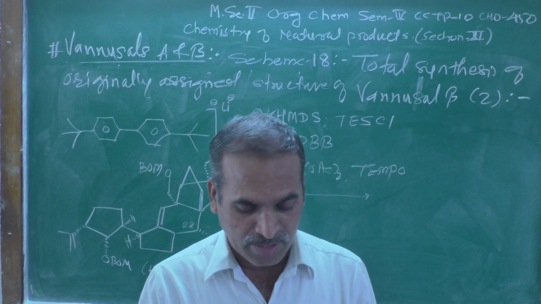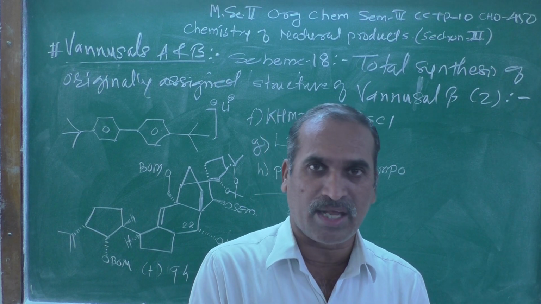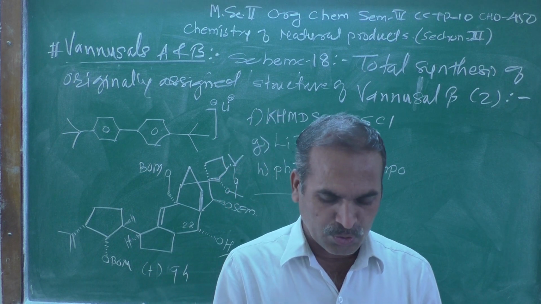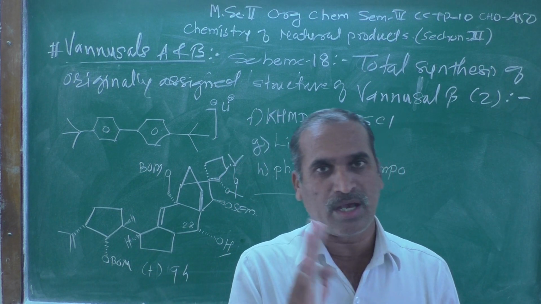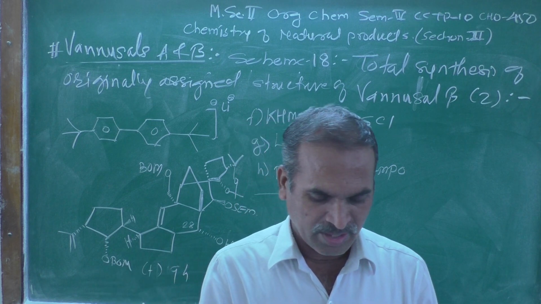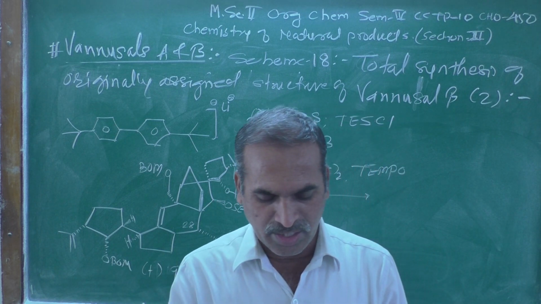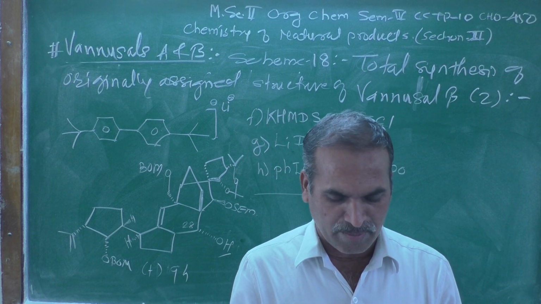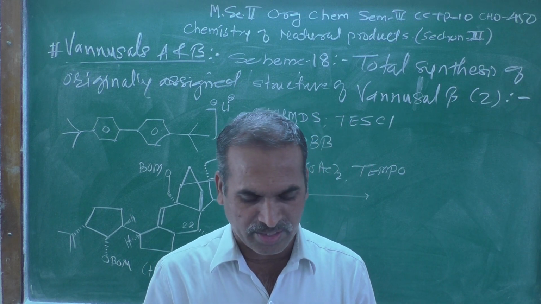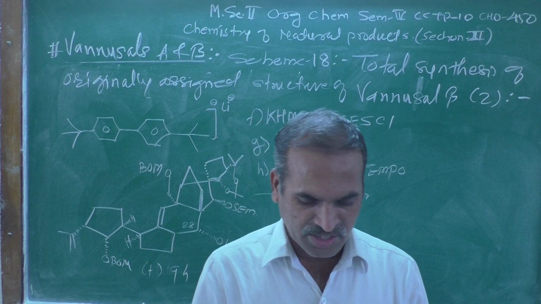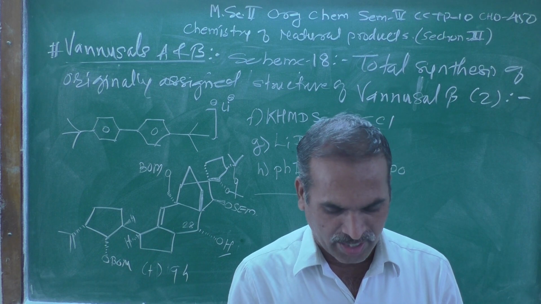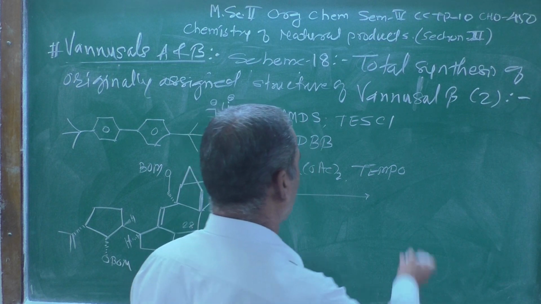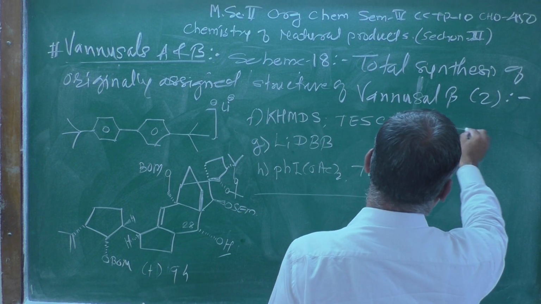TEMPO is a stable and commercially available organic free radical reagent used to oxidize primary alcohol to aldehyde, and it is usually used in substoichiometric amount in combination with a stoichiometric reoxidant such as sodium hypochlorite and PhI(OAc)2.